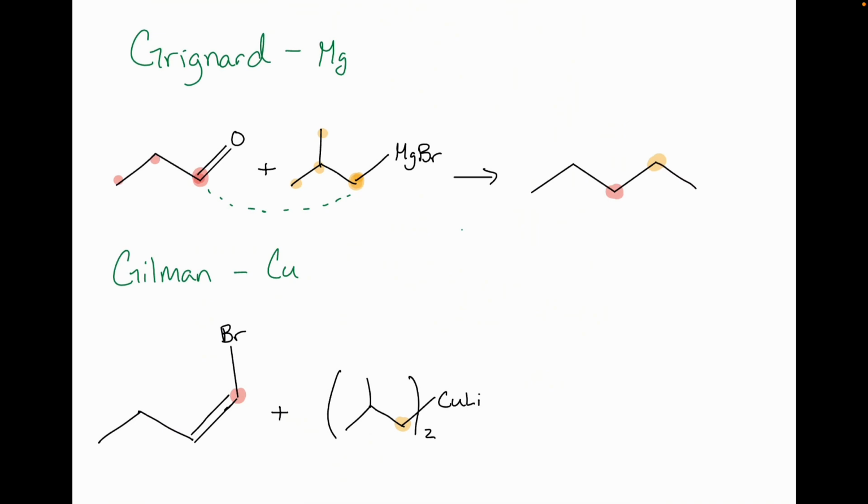The only thing that I'm missing is this oxygen from what used to be a carbonyl group. It doesn't go anywhere. I don't lose that oxygen, but I do break that double bond and it becomes just a single bond. So the product of our Grignard reactions are always alcohols.